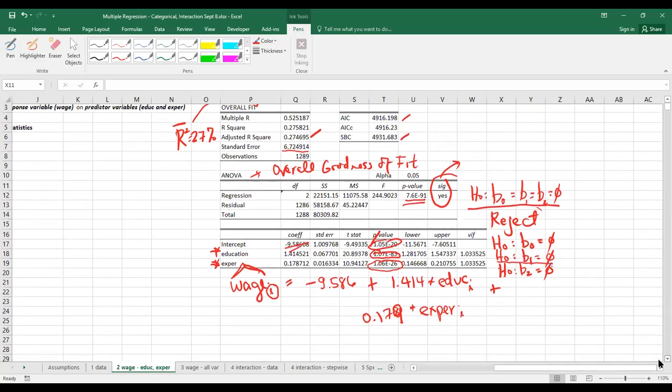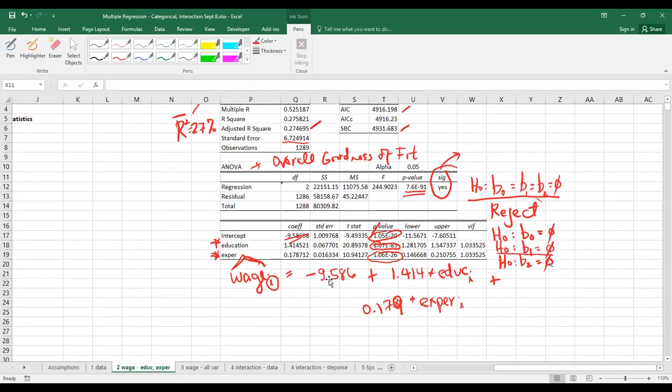Okay, ano ibig sabihin ng negative 9.586? Anyone, please? What's the interpretation of negative 9.586? Sir, the value of wage when education and experience is 0?